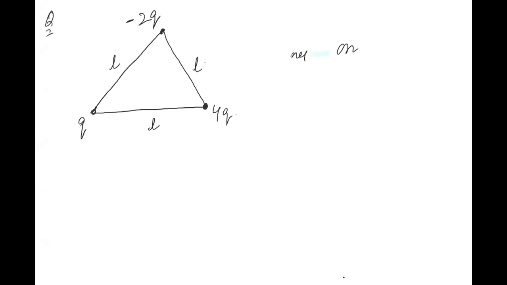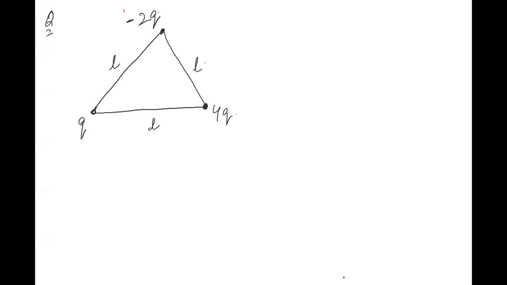F1's value and F2's. F1 means, let's say, did you consider the force on 4q due to minus 2q to be F1? Which force you considered as F1? Yes, minus 2q and 4q के बीच का, है ना? So can you tell me, this 4q will be attracted by minus 2q or it will be repelled by minus 2q?